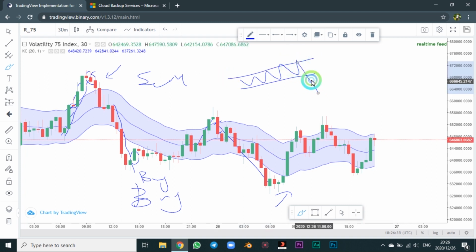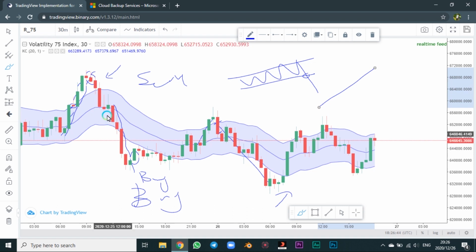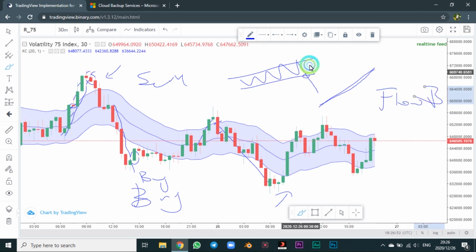But whenever the market is moving in a series of candles with no zigzag, you wait for the break of these series of candles. You wait for the flow break. Here you wait for the pattern break.